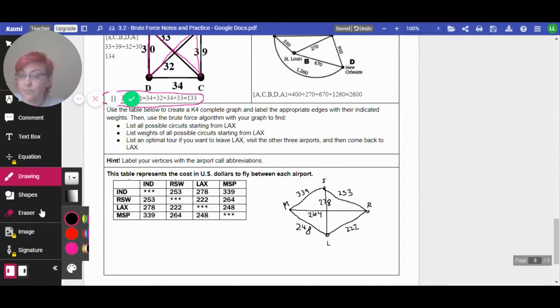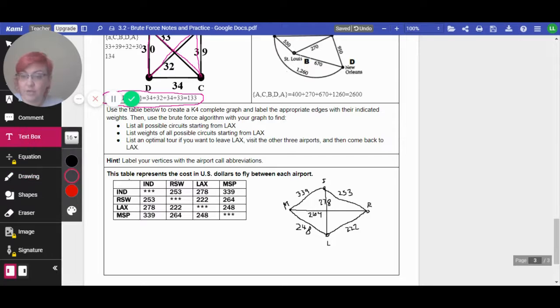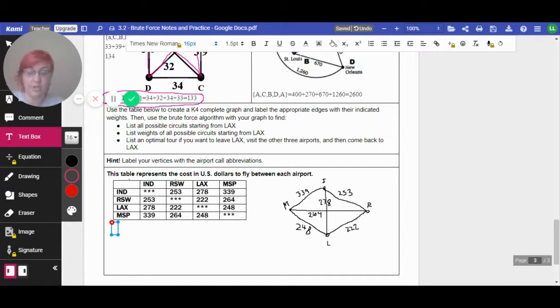So I'm now going to start looking for my tour. I'm going to start by going from Indianapolis, RSW, to LAX, to MSP, to Indianapolis.